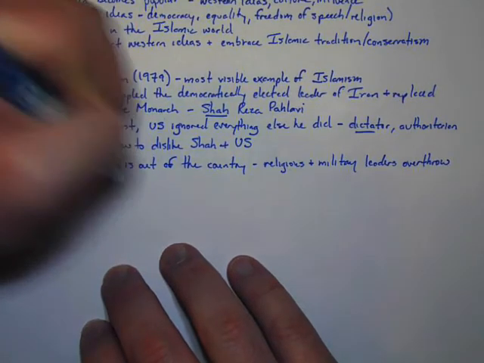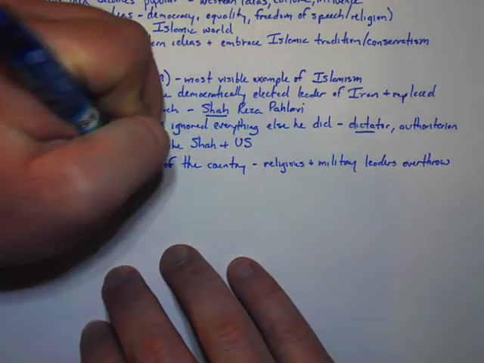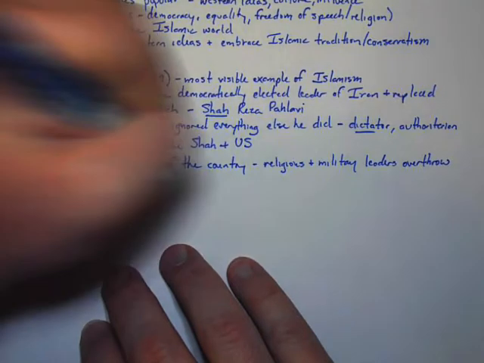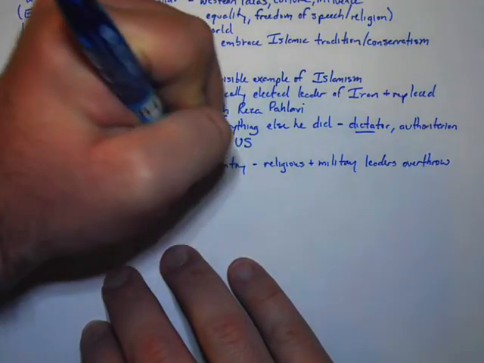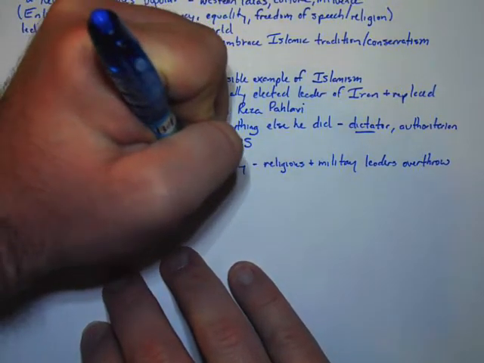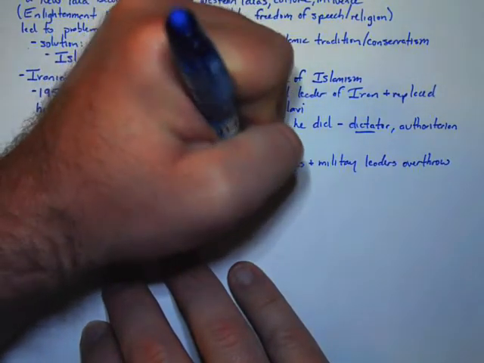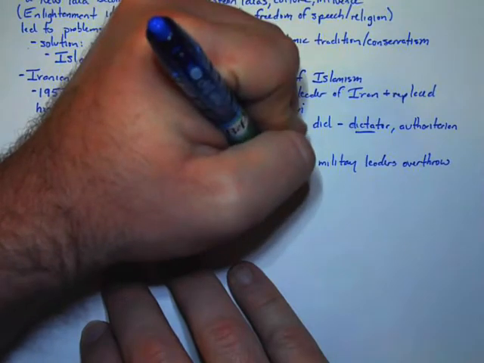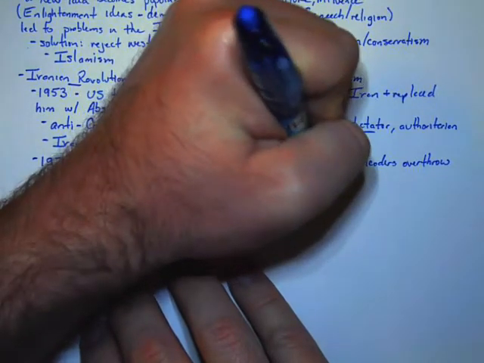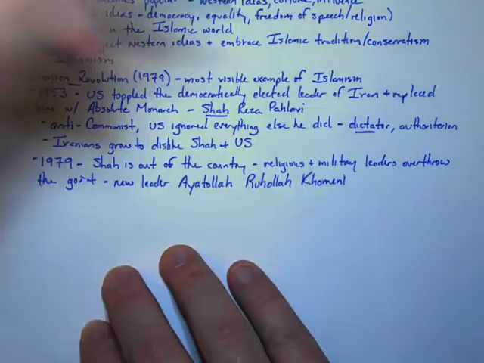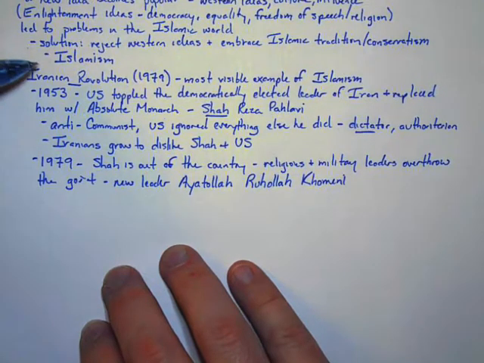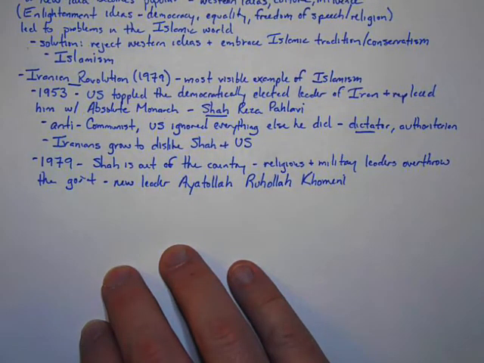And the new leader of Iran is a religious leader, and his name is Ayatollah Ruhollah Khomeini. And he is one of these Islamists. He believes in that particular political philosophy.